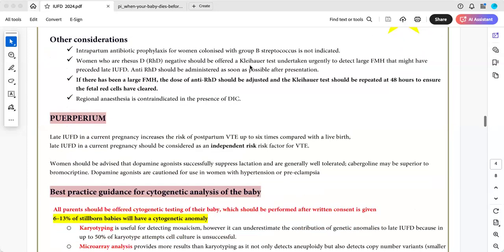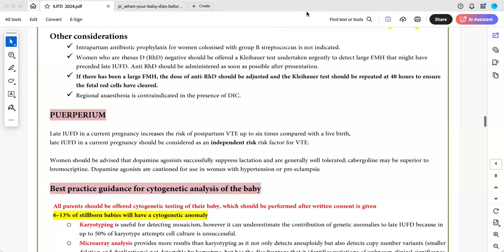If there is evidence of DIC, then please remember that regional anesthesia is, of course, contraindicated in this case. Okay. How will you manage the cases of stillbirth after delivery?